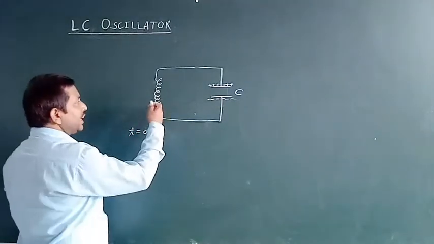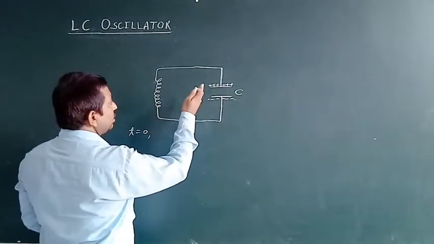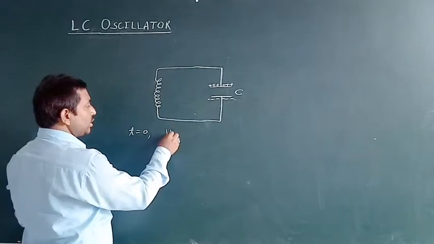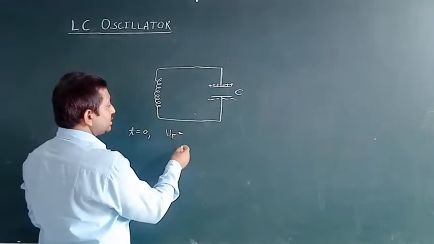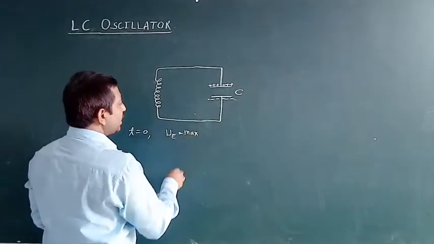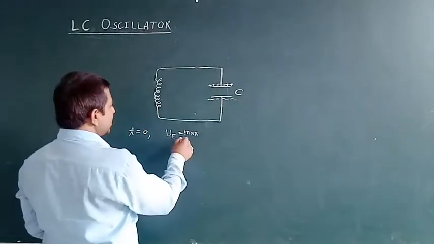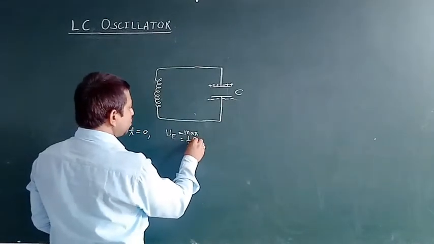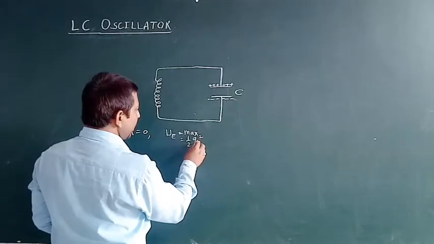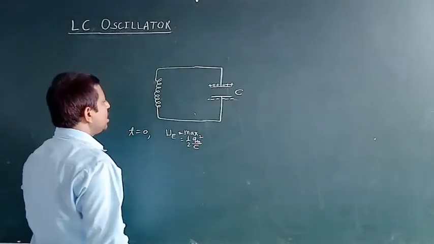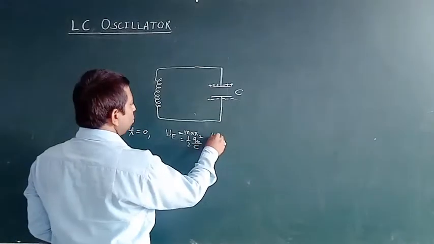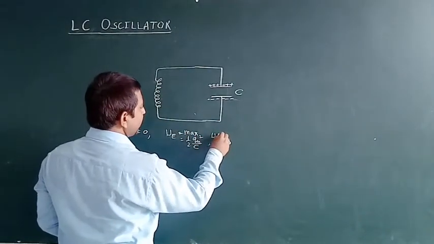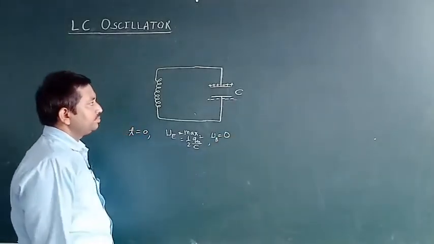So at this time, the total energy stored in the capacitor, that is known as electrostatic energy, is the maximum, and the value of this energy is equal to half of Q max square by C, and the energy stored across the inductor, that is the electromagnetic energy, is 0.